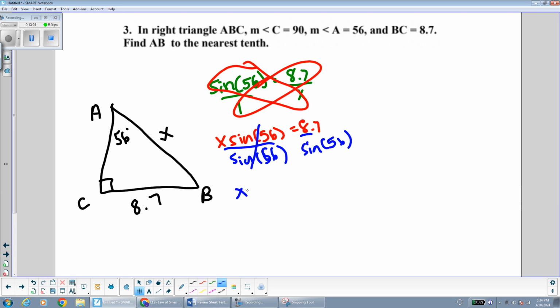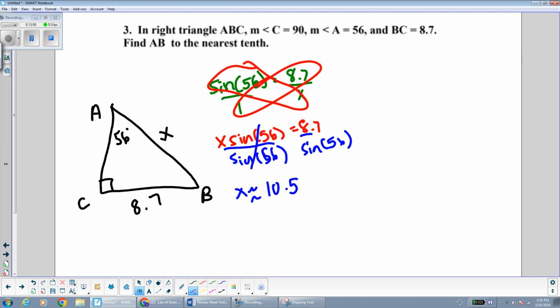That cancels out. I'm going to type this into my calculator. Alpha y equals enter for the fraction button. And that's 8.7 for the numerator divided by sine of 56. And that's approximately 10.5 to the nearest tenth.